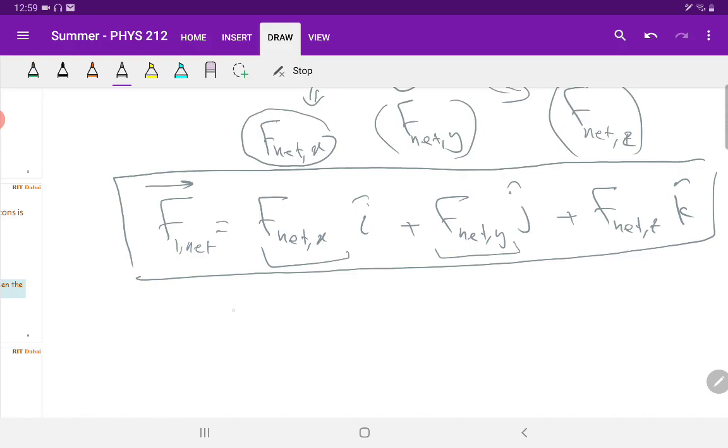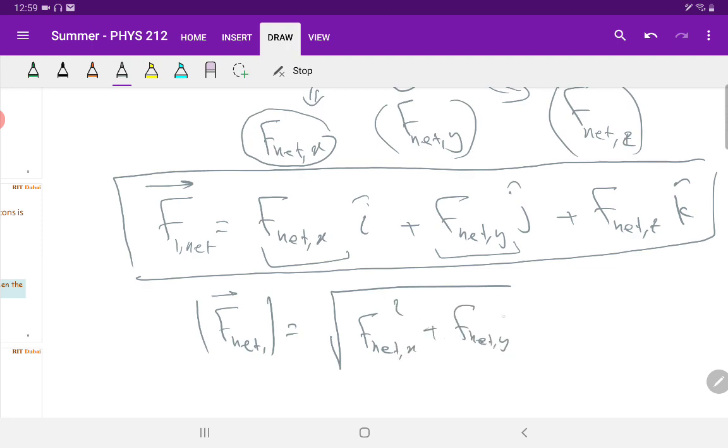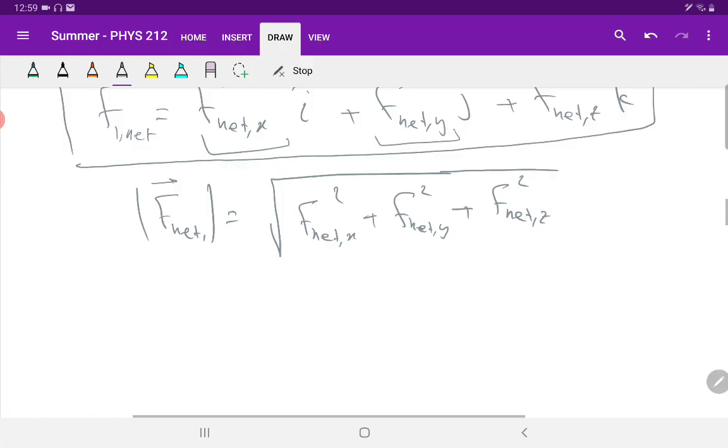Let me try this one in a better way. F net as a magnitude would equal the square root of F net X square plus F net Y square plus F net Z square. And that's, by the way, exactly the same thing we know.